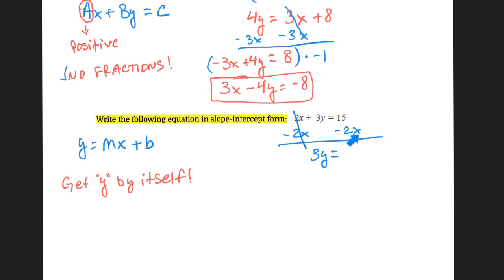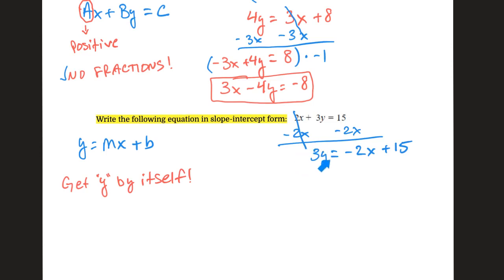Well, 15 and minus 2x are not like terms because the 15 does not have an x to go with it. This is just a constant, and this one has a variable. So we cannot combine them. I'm going to leave them as they are, with negative 2x and then plus 15, because I want the x to come first, as slope-intercept form tells me.